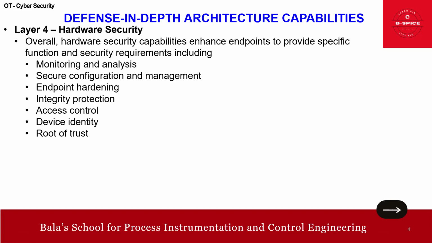A root of trust is a starting point for a secure system, ensuring that all subsequent operations like booting, authentication, and encryption are based on verified and trusted components. It's often embedded in hardware to prevent tampering and to provide a secure anchor for the entire security architecture.